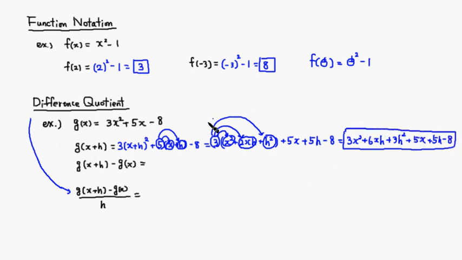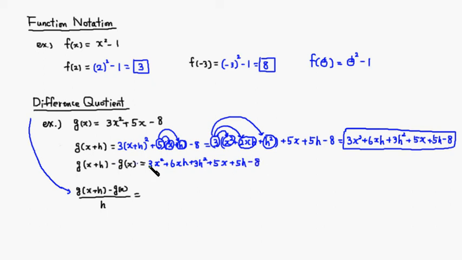Now let's do g of x plus h minus g of x. Oh, actually, I said f earlier. All we have to do is copy the answer from the first one. So you have 3x squared plus 6xh plus 3h squared plus 5x plus 5h minus 8.